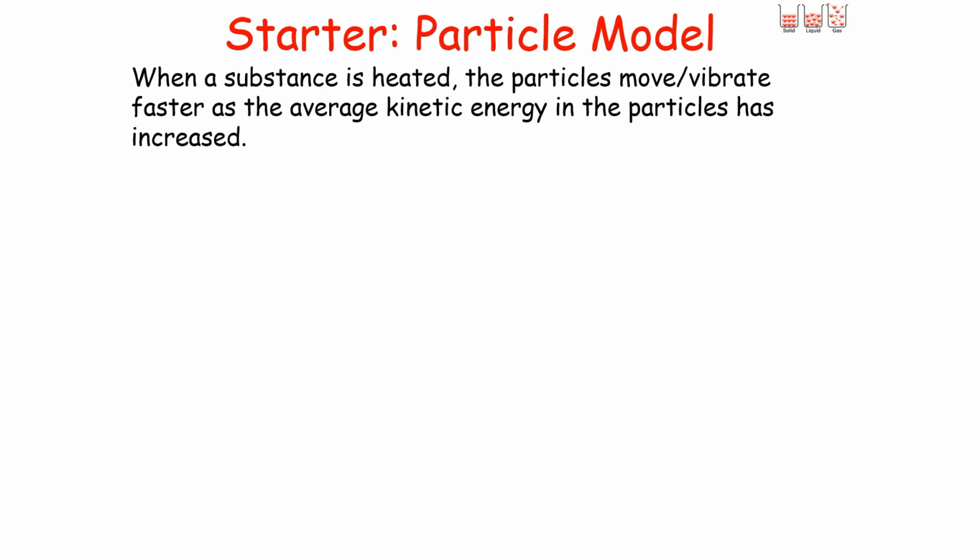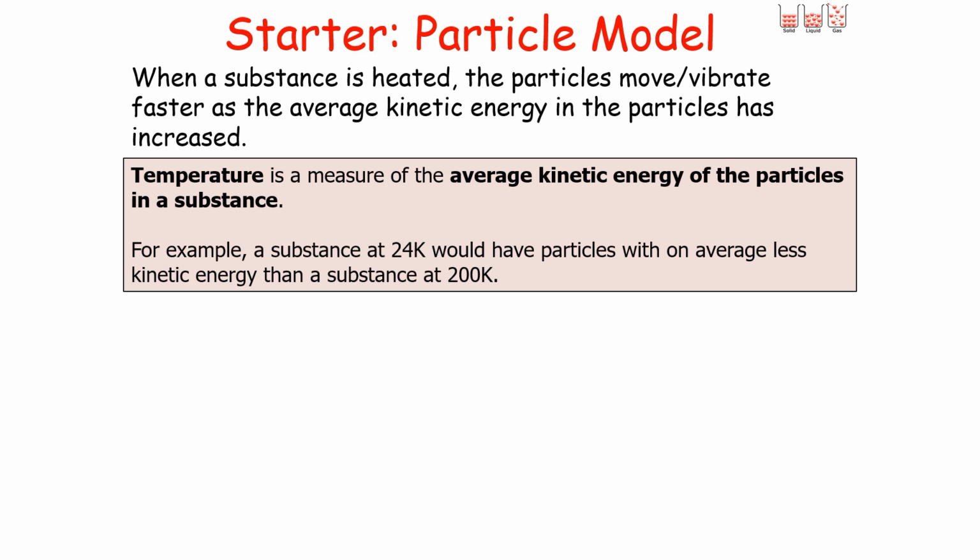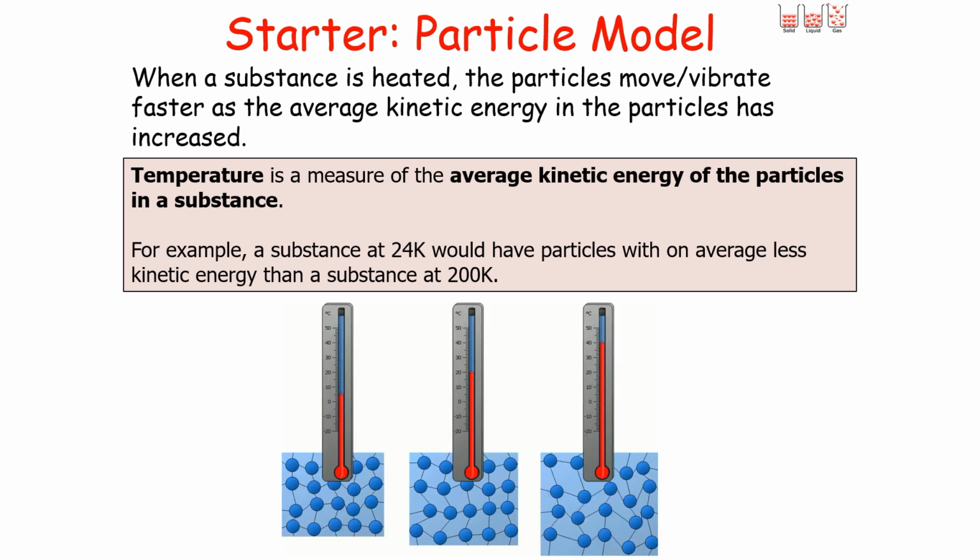Now, when a substance is heated, the particles will move or vibrate faster as the average kinetic energy in the particles has increased. So we can say that temperature is a measure of the average kinetic energy of the particles in a substance. For example, a substance at 24 degrees Kelvin would have particles on average with less kinetic energy than a substance at 200 degrees Kelvin.